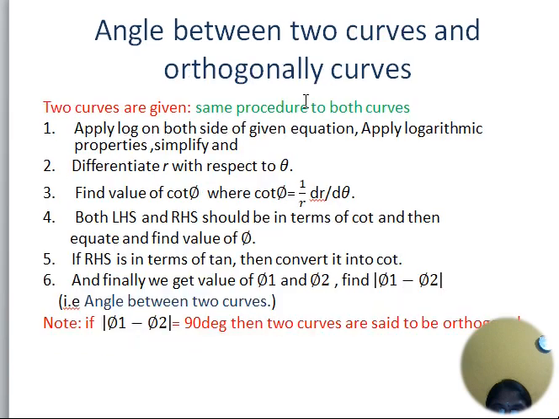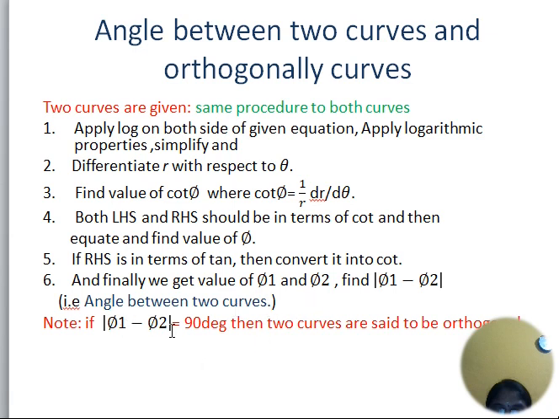And the second point is angle between two curves and the orthogonal curves. Here two curves will be given and the same procedure is followed as for the first one. So you are going to find phi 1 for the first curve and phi 2 for the second curve. So when we take the mod of phi 1 minus phi 2, that will give you angle between two curves.